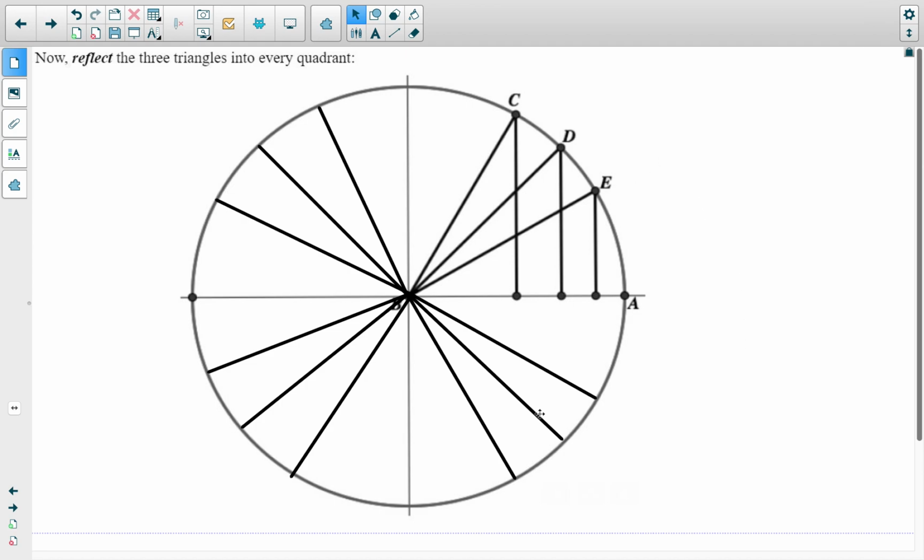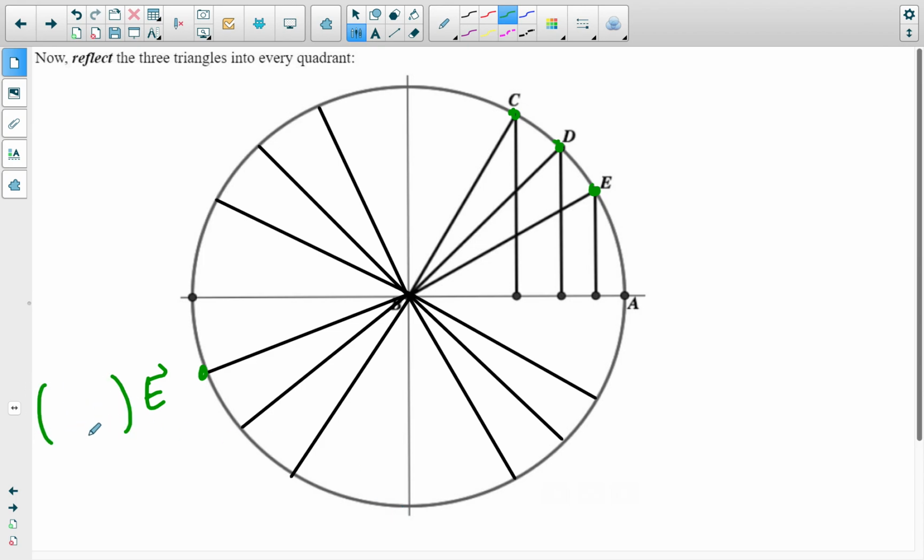Okay, so picture we're taking those ordered pairs that we just found for points C, D, and E, and this is going to have the same points as E, except we're in the negative x direction and the negative y direction, so both coordinates for x and y would be negative. All right, so we end up with negative root 3 over 2, comma, negative 1/2.